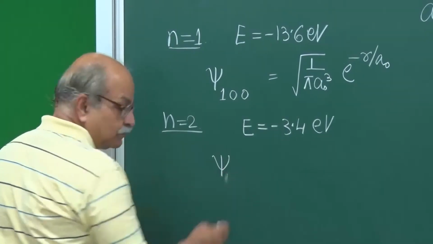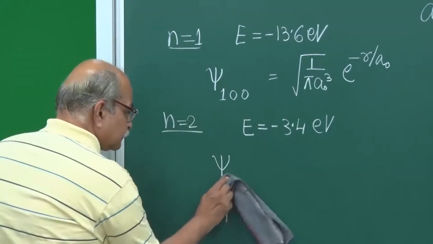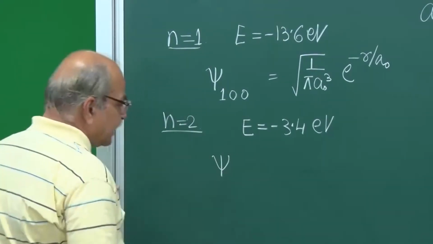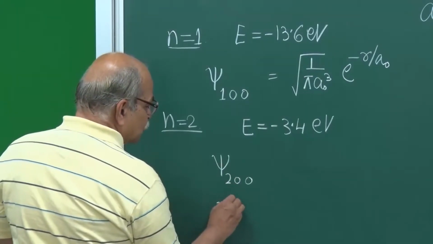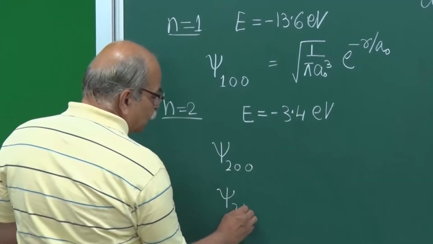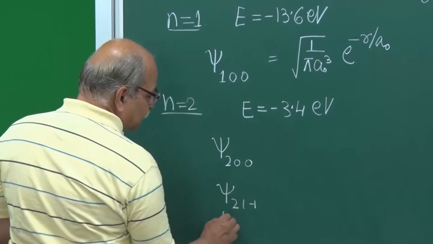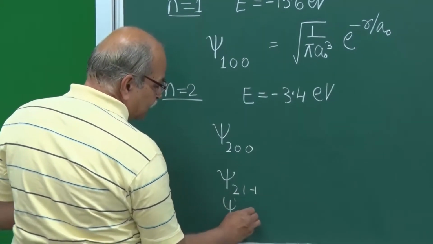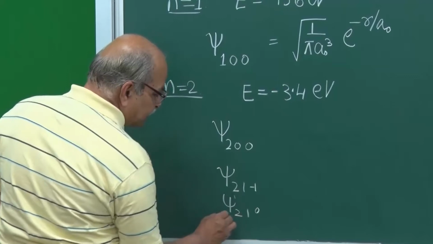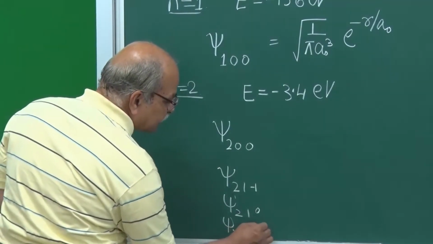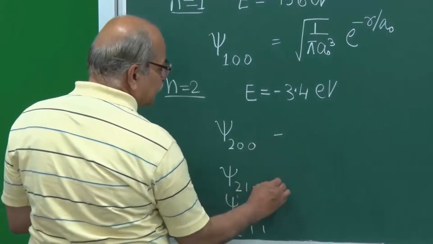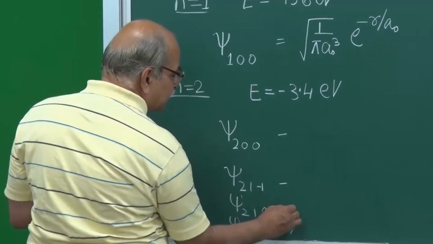We write 2, 0, 0. Then we write 2, 1, minus 1. Then we write 2, 1, 0. And we write 2, 1, 1. So you have 4 different functional forms.